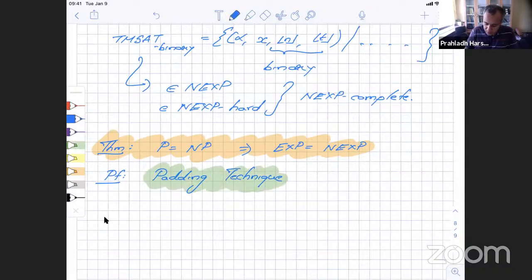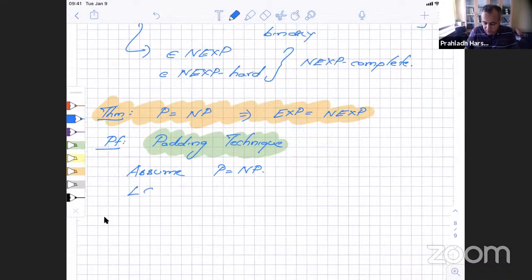So let's assume P equals NP. Now let's pick any problem L in NEXP. In particular, L is in NTIME(2^(n^c)) for some constant c.